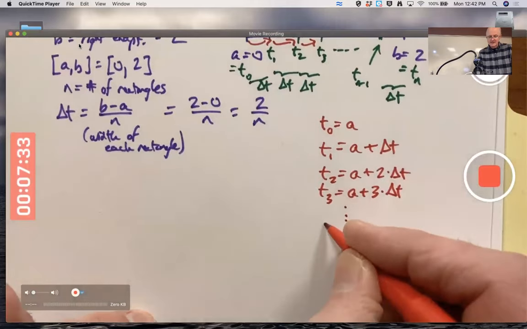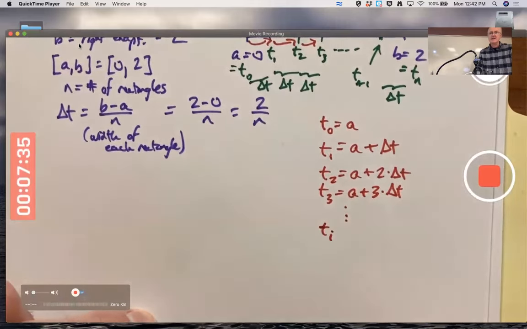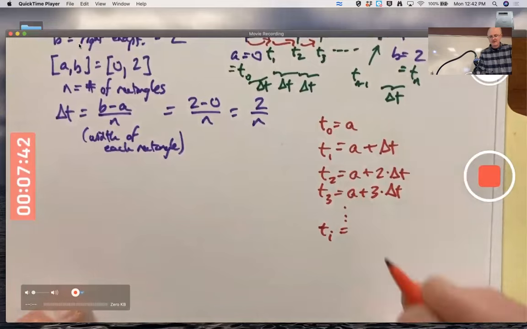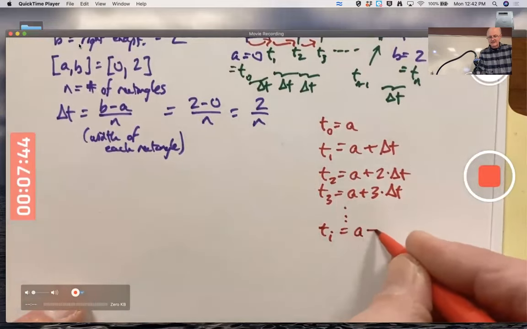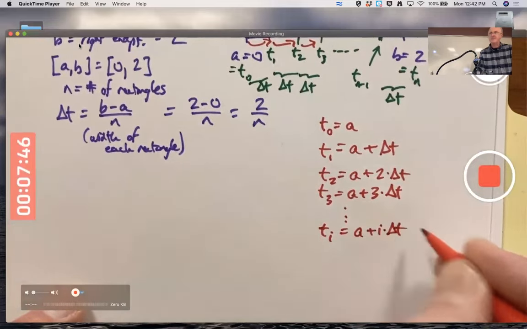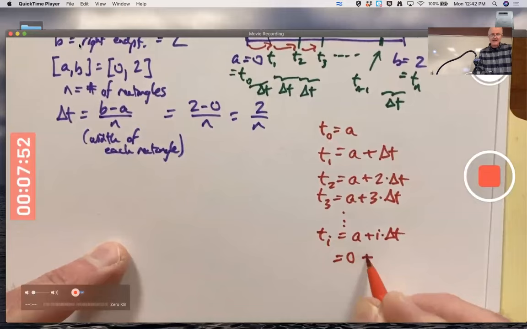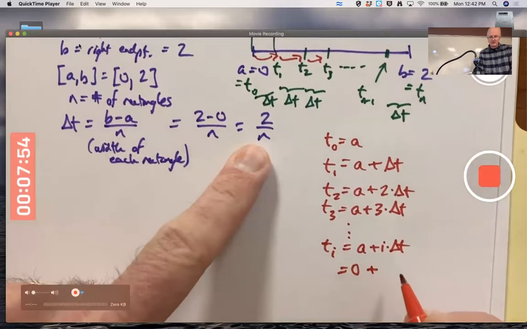In general, you could call it t sub i, where i could be 1 or 2 or 3 or 4 or 5 or 6, etc. By the pattern, it's going to be a plus i times delta t. And for our example, a is 0, and delta t we found to be 2 over n.